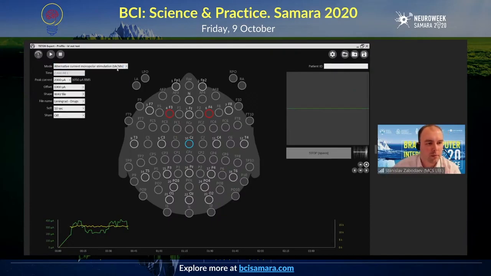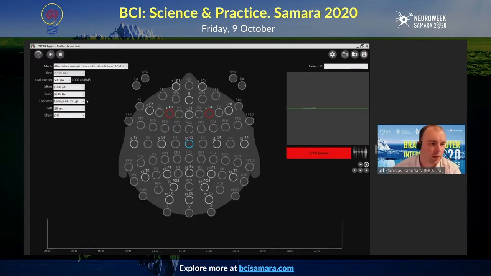And this is the alternative current monopolar stimulation, ACM. And here we introduce some offset, and you can set the peak current. Let me turn this off.